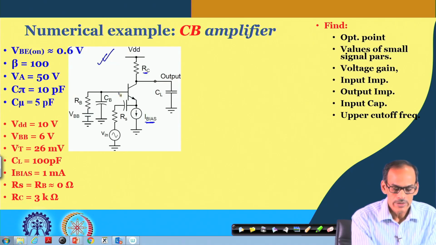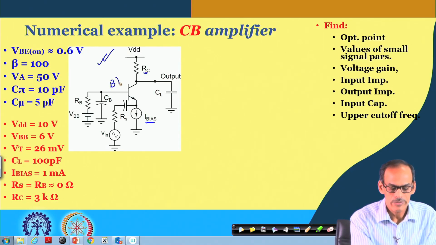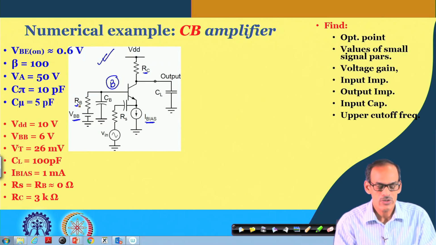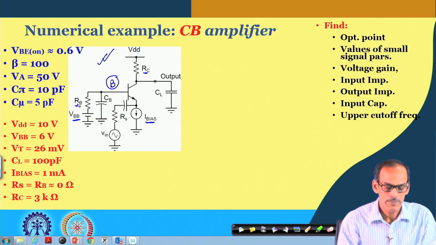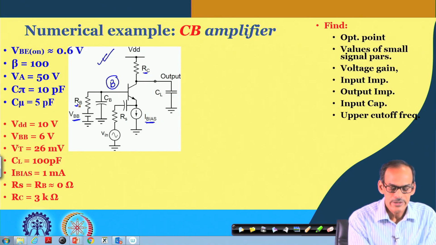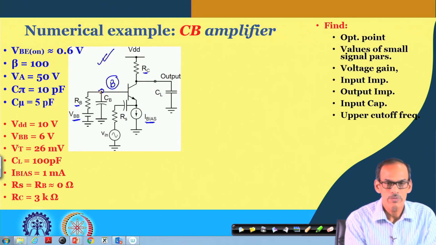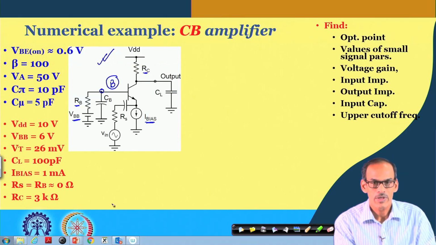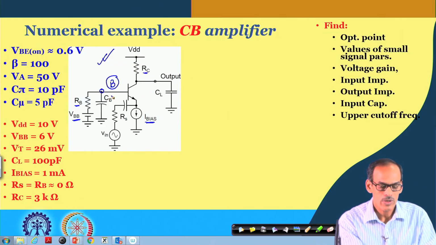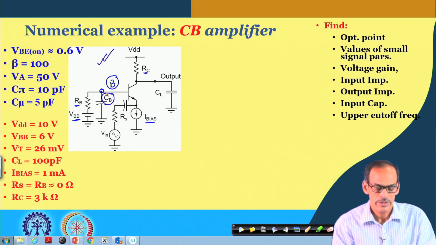Also at the base node we have a DC voltage along with the Thevenin equivalent resistance of the DC source. Since it is a common base configuration and we want this base node to be AC ground, we are also connecting a large capacitor C_B there.